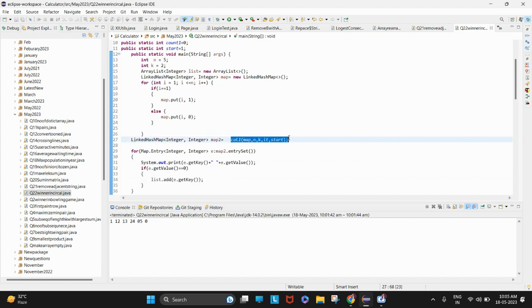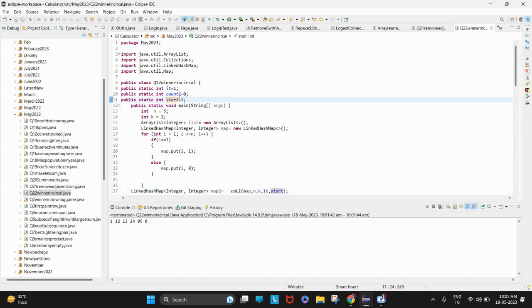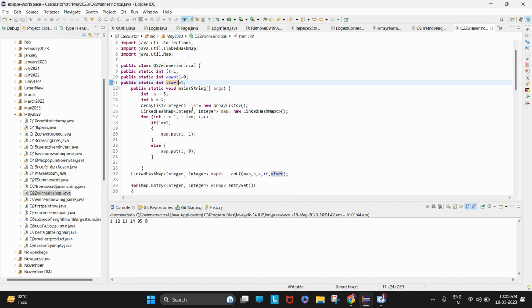Then I make a call with start equal to 1. Start will change from time to time, because at the end the person who receives the ball will be the start of the loop, moving forward. Initially start equals 1 because the persons are numbered from 1 to n.